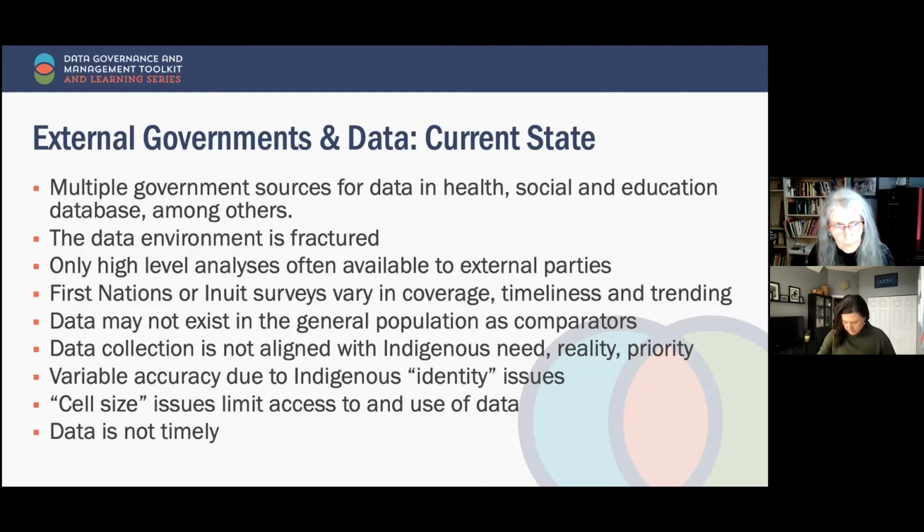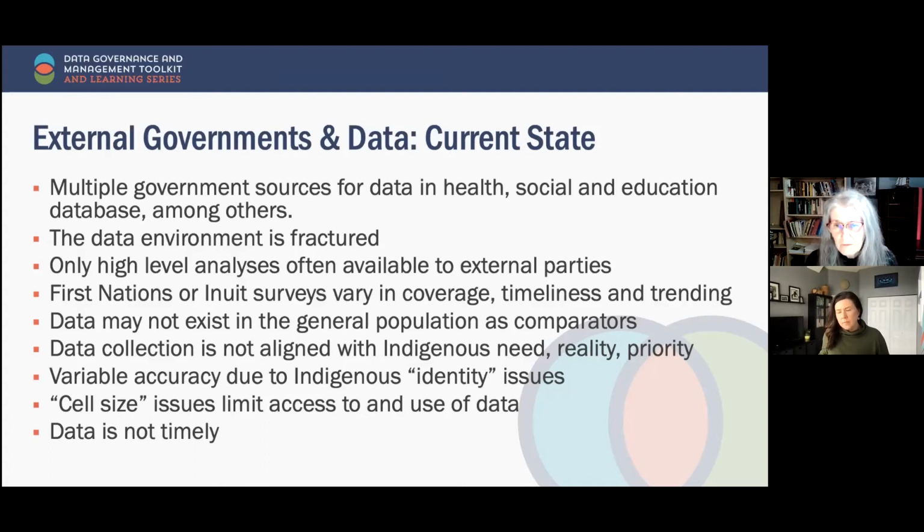So going back to external governments again, I can diverge there for a little bit to other external sources of information. And of course, the RHS may be external to you if you didn't participate in it. But going back to external governments, data collection has never really been aligned with Indigenous needs, realities, or priorities. I've already made the example that geographic boundaries may not align with nation boundaries, for example.